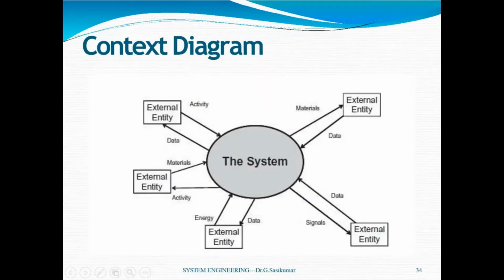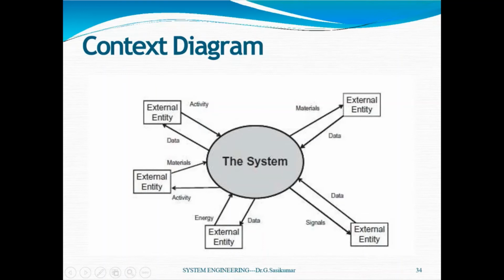So consider the system is an automobile. For the external entities, we have different ones: a manufacturing unit, a service station, a sales station, customers, and materials. So this is a very good example of a context diagram.